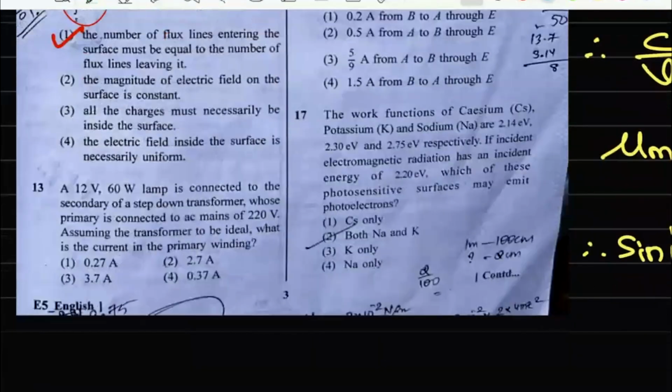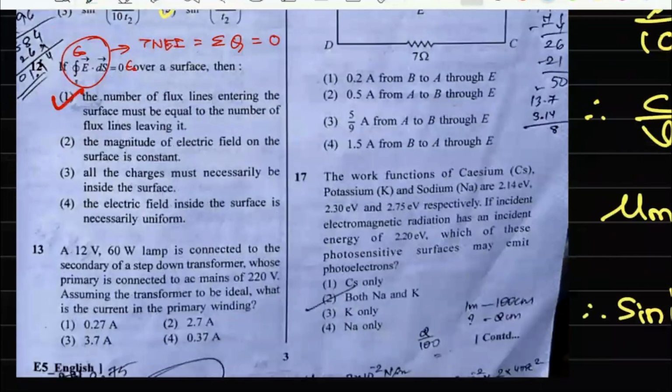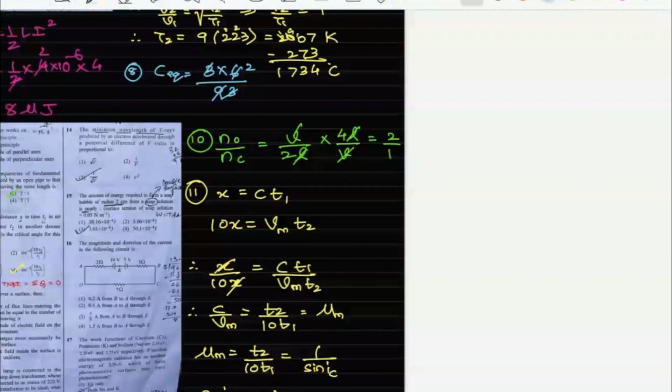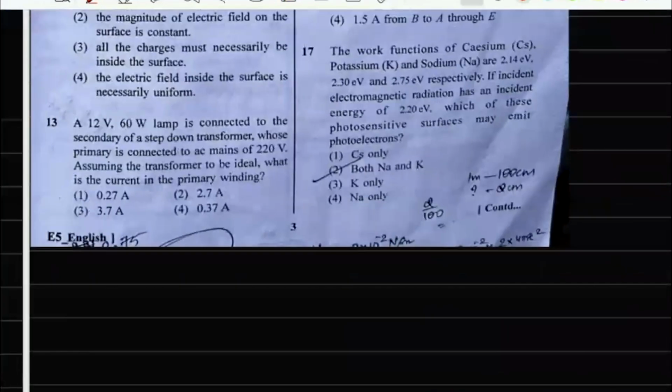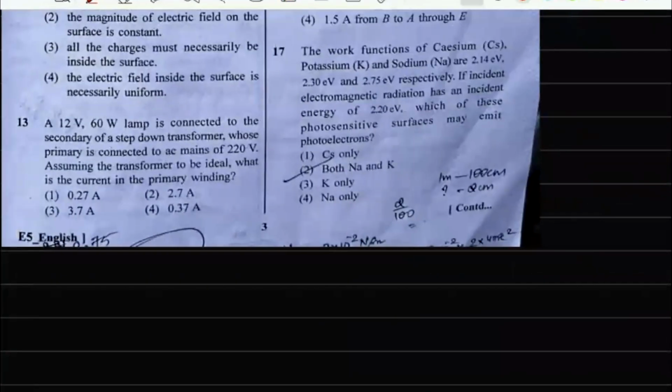Okay. So now number 13. Again, we can just move on to the next page. Question number 13. Okay, so there is a 12 volt 60 watt lamp and it's connected to the secondary of a step down transformer.